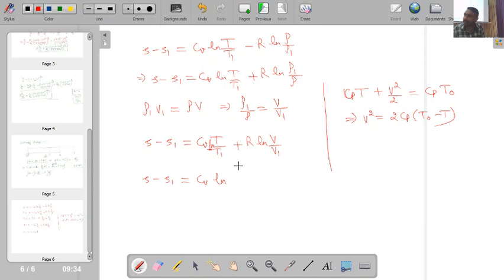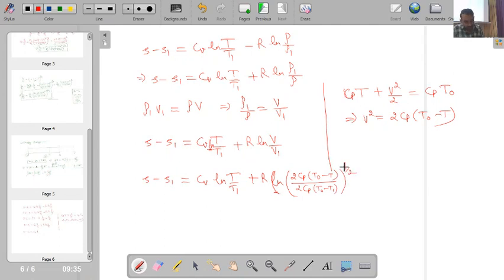So this should be Cv times ln of T by T1 plus R, and here in place of V I will get ln of 2 Cp into T naught minus T, over 2 Cp into T naught minus T1, whole power 1 by 2.